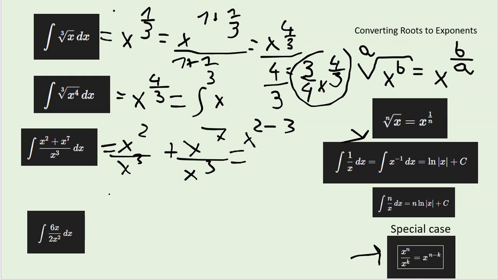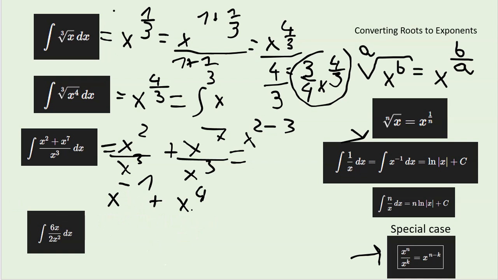So the first one will be x to the power of minus 1, x to the power of negative 1, plus x to the power of 4. Here there will be no division, because we already removed the denominator.